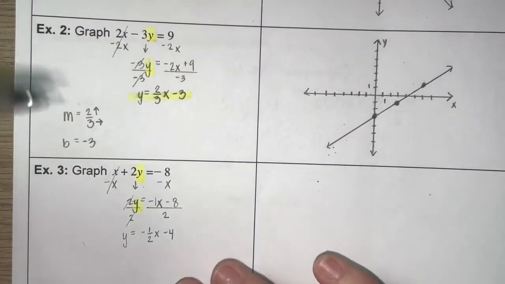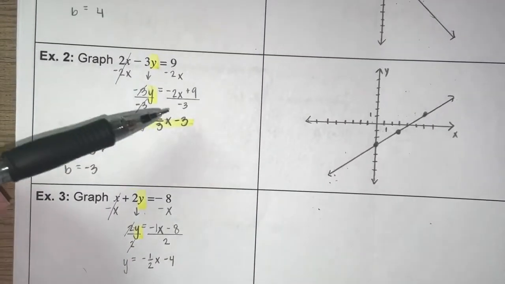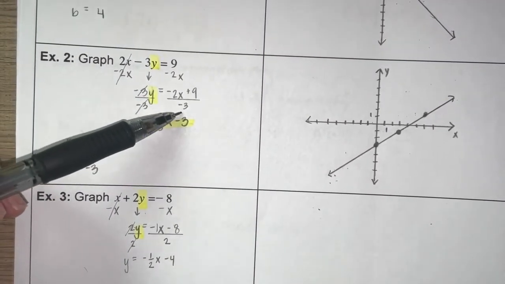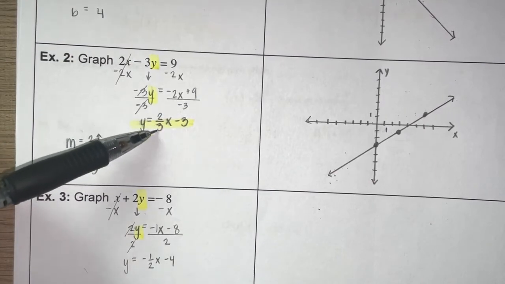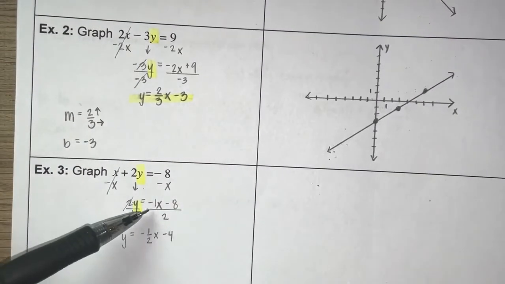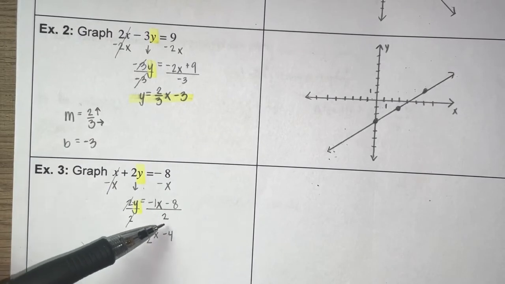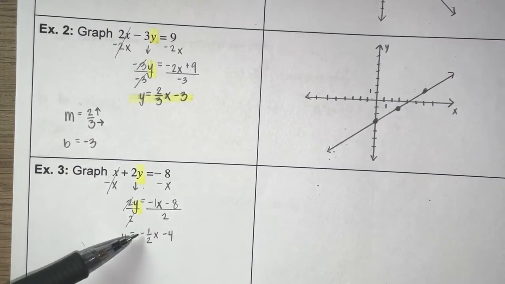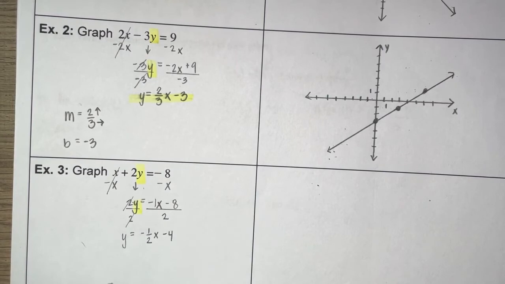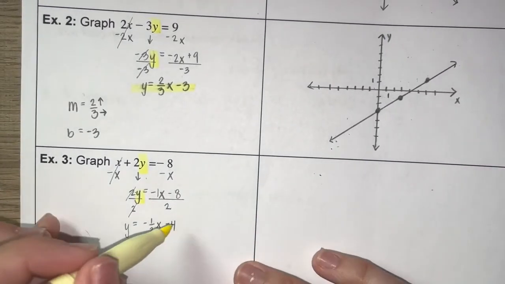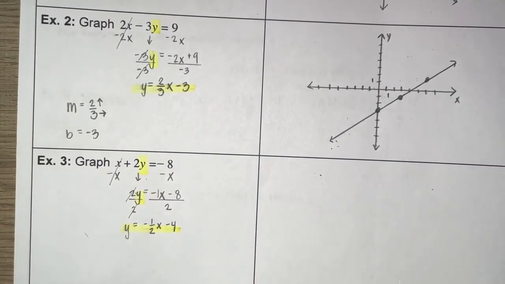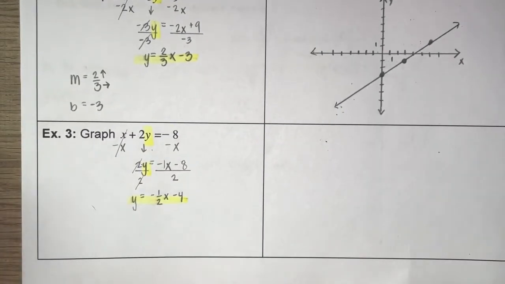So one more time like we did up here, we divided negative 2 by negative 3, and the negative divided by the negative canceled out, so we got positive 2/3. This is a negative 1x divided by 2, so we're going to divide the negative 1 by 2 to get negative 1/2, and then the x will tag along. So y equals negative 1/2 x minus 4, and now we can see what our slope and y-intercept are.